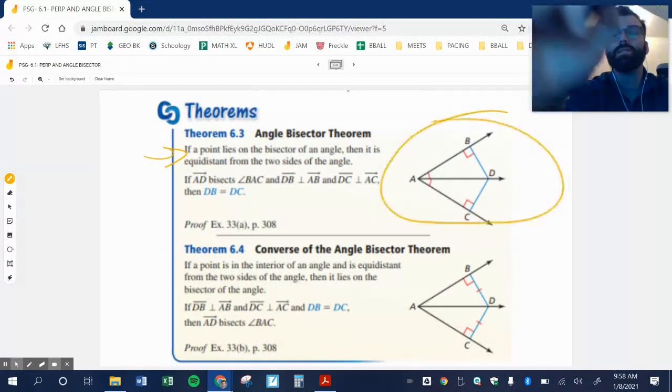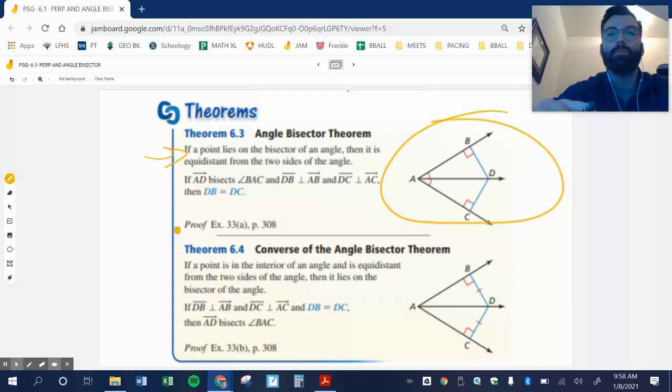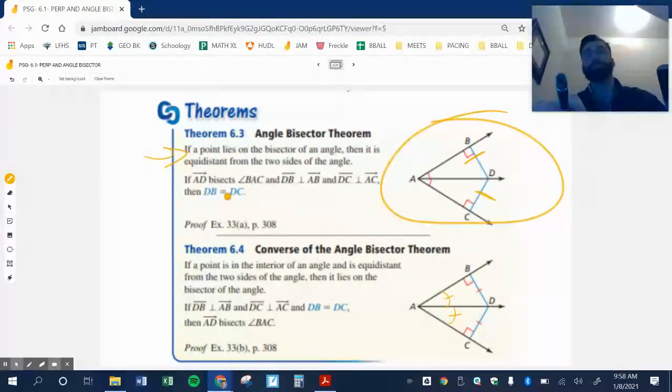That tells me that these two segments here are congruent. Again, the angle must be bisected, and we must have right angles right here. And I can also use the converse to say that these two angles are then congruent. You can also just say "and vice versa," and draw the picture.